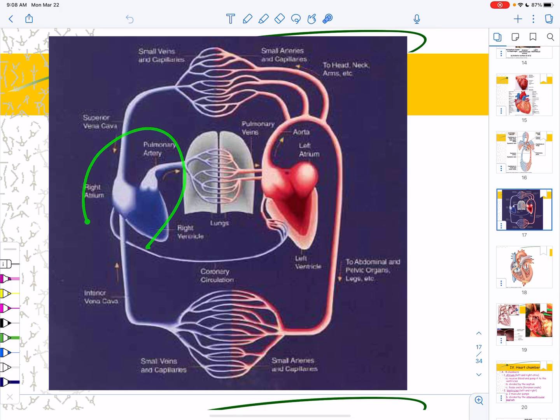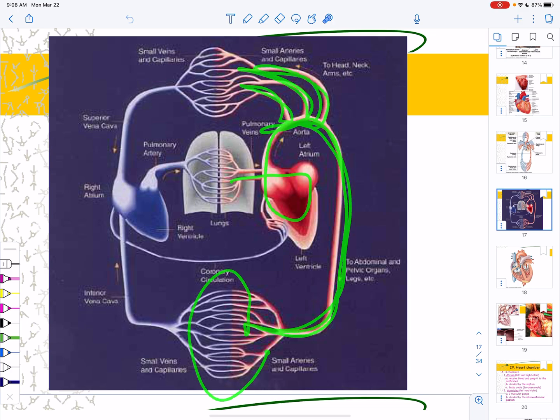So the right side sends the blood to the lungs to become oxygenated. That oxygenated blood is then sent around to the body, head, arms, and lower limbs, where it becomes deoxygenated. It then passes back towards the heart, going back to the lungs to become oxygenated again.